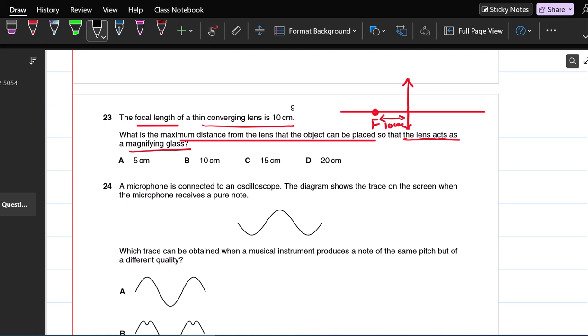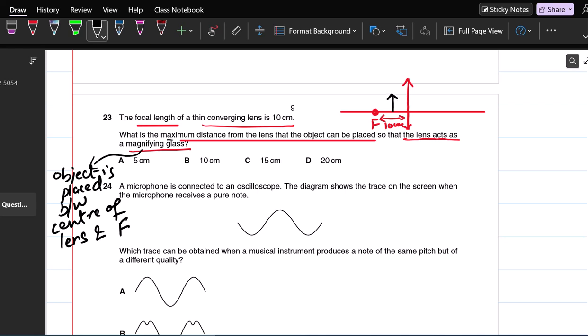In a magnifying glass, you remember the object is placed between the center of the lens and the principal focus. So it will be somewhere in between this. So for the maximum distance, it cannot be 10 centimeter, it should be less than this. So we have one option here, that is 5 centimeter.